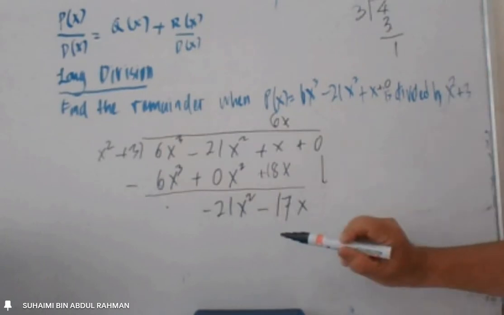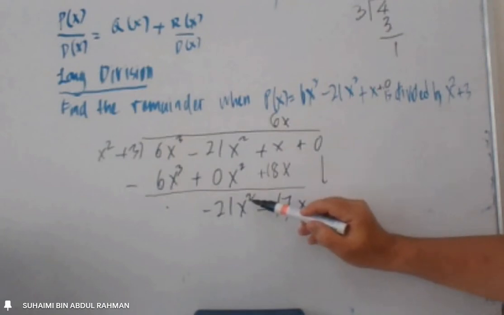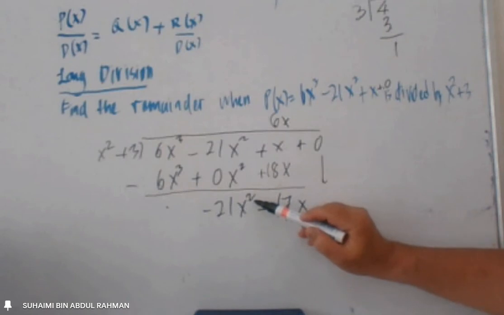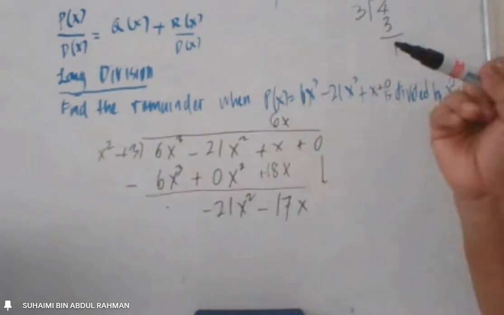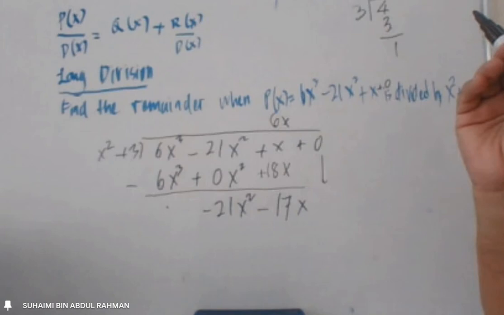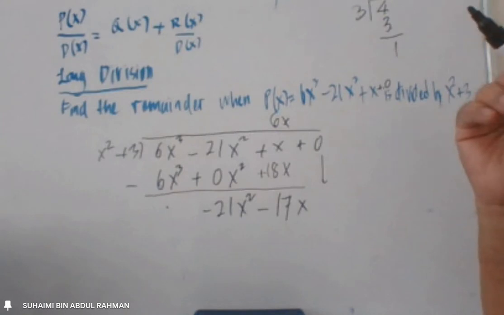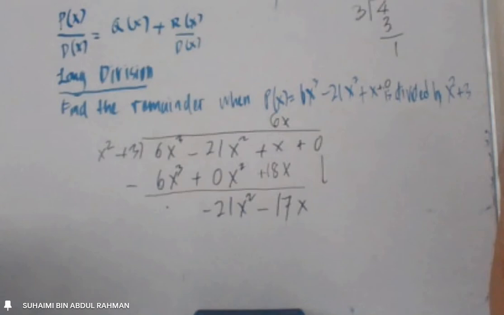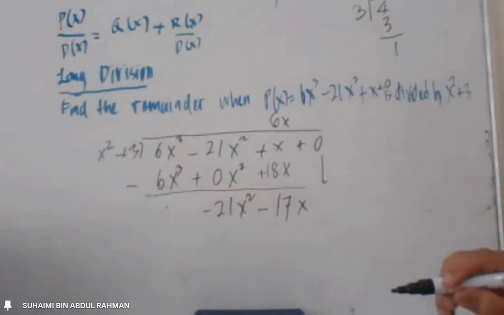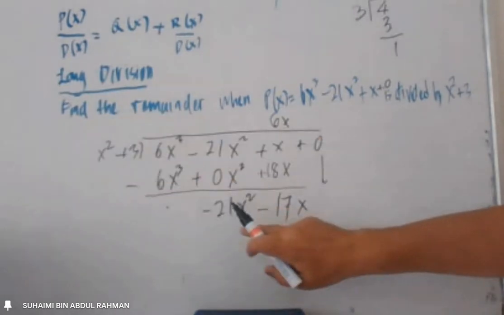Now, the highest power of x here, when we divide, is 2. What is the highest power of x in our divisor? x squared. So we continue.